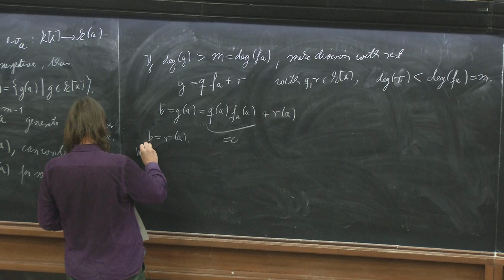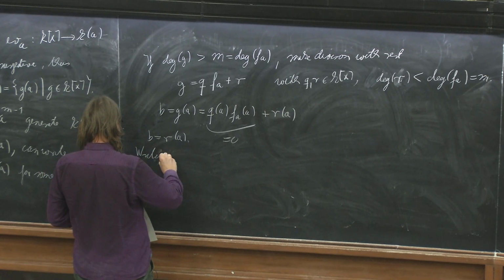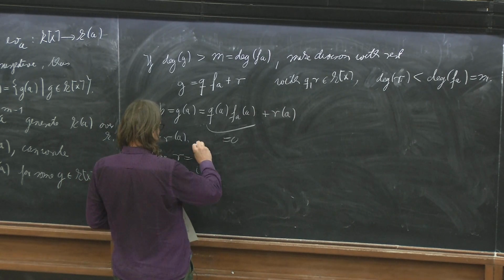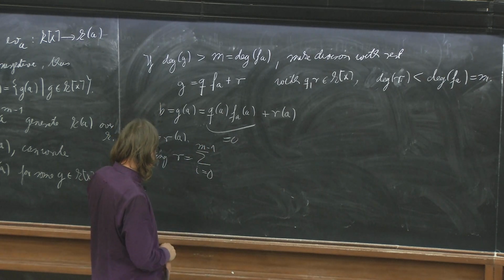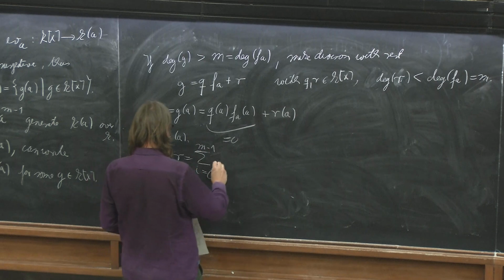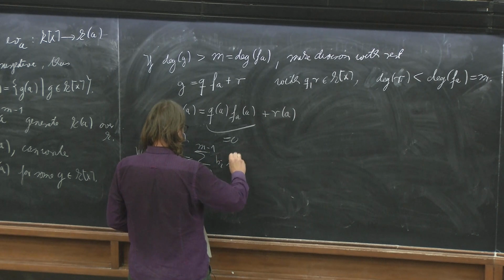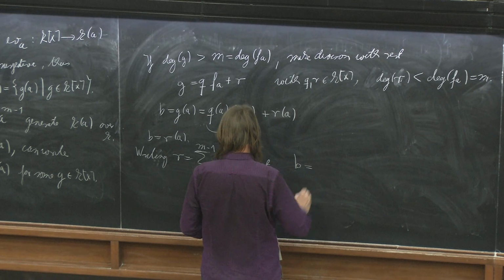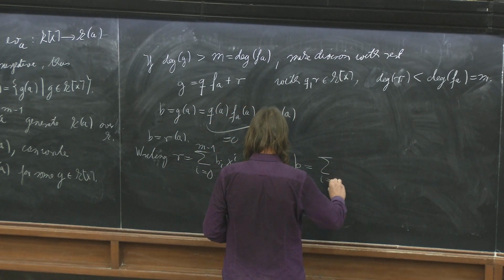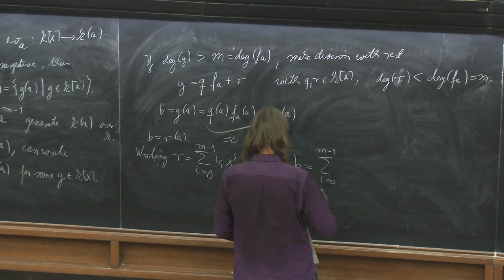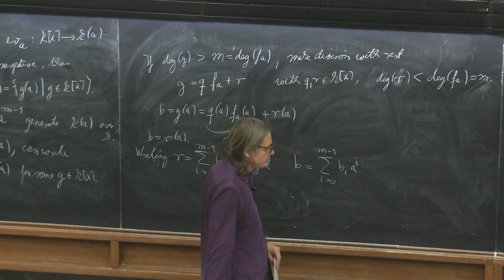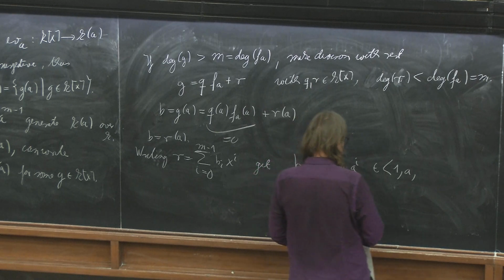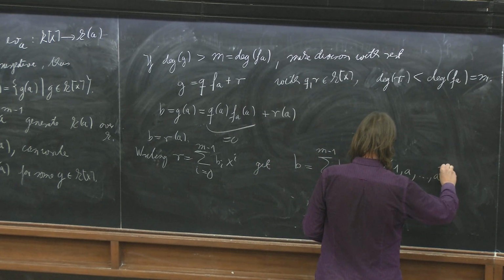And so if we write r equal to the sum i equals 0 to m minus 1, some coefficients could be 0, but anyway, b_i x to the i, we get that B is equal to r(A), so the sum i equals 0 to m minus 1 of b_i A to the i, which lies in the vector space generated by 1, A, and so on until A to the m minus 1.